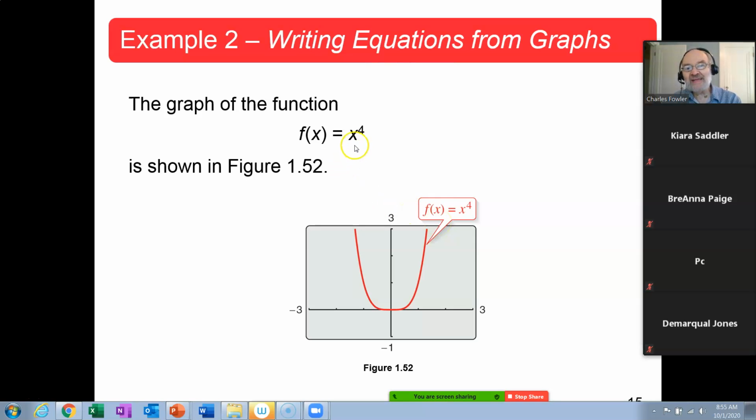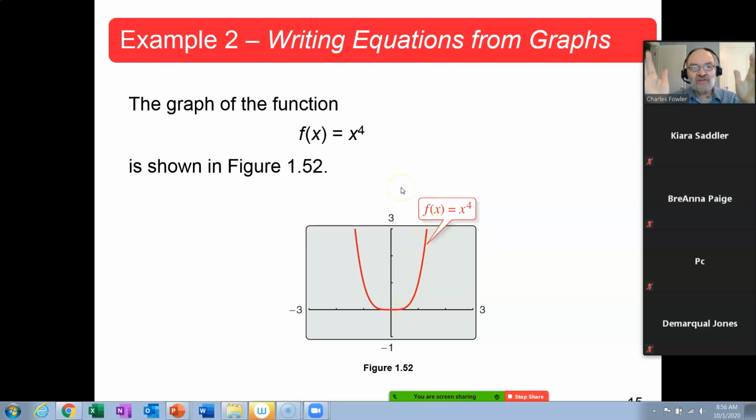When you have any even power, like x to the fourth, that comes down more sharply here, but then near 0, it flattens out a lot, but then past 0, it goes up more rapidly.